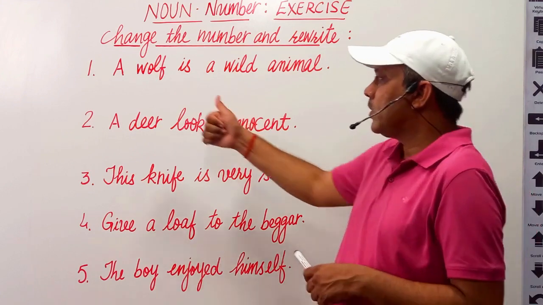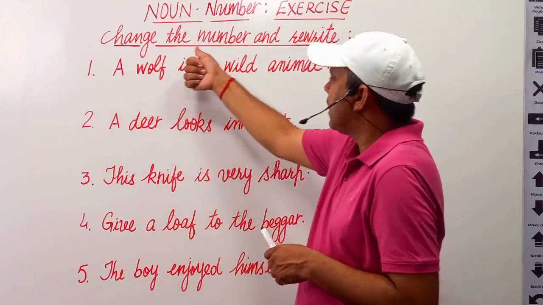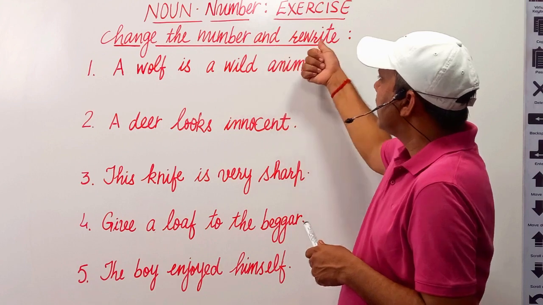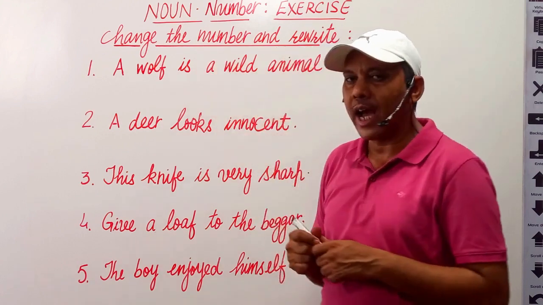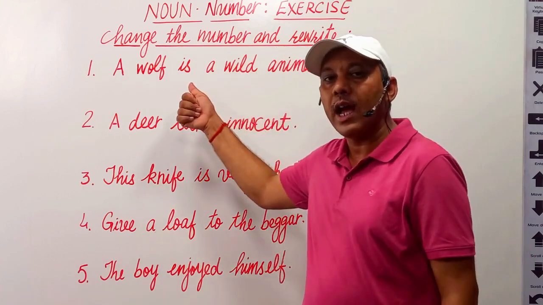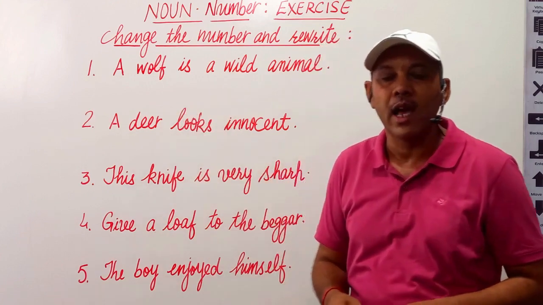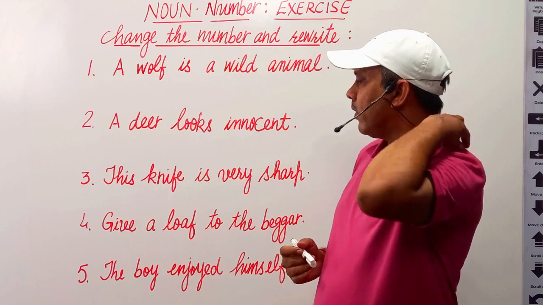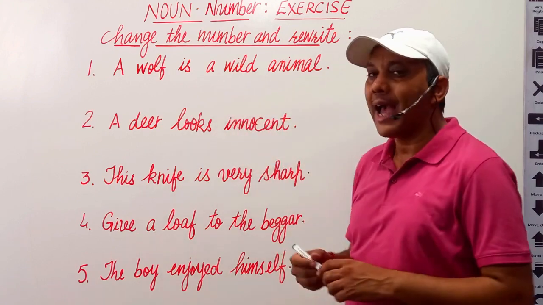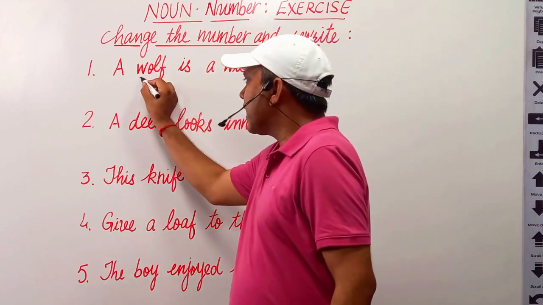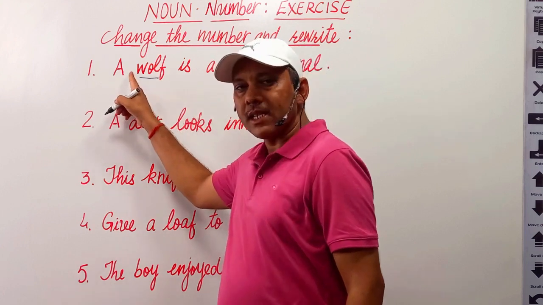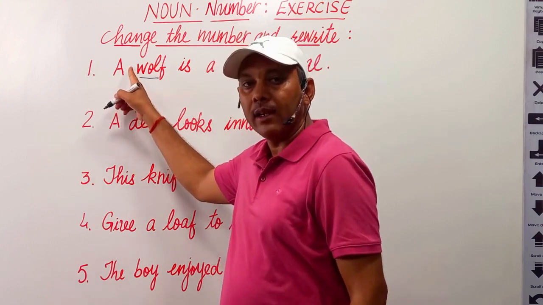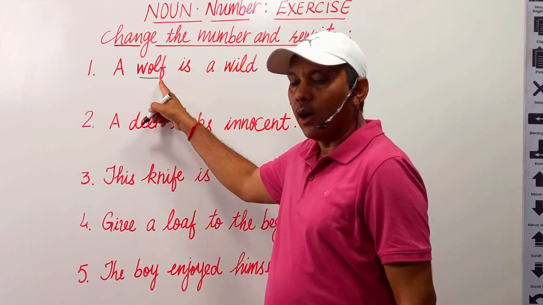For example, there is a first sentence, change the number and rewrite. Here we have to change the number of nouns and rewrite the sentences correctly. The first sentence is: a wolf is a wild animal. Here wolf is a noun because it is preceded by an article a. That's why it is a noun.